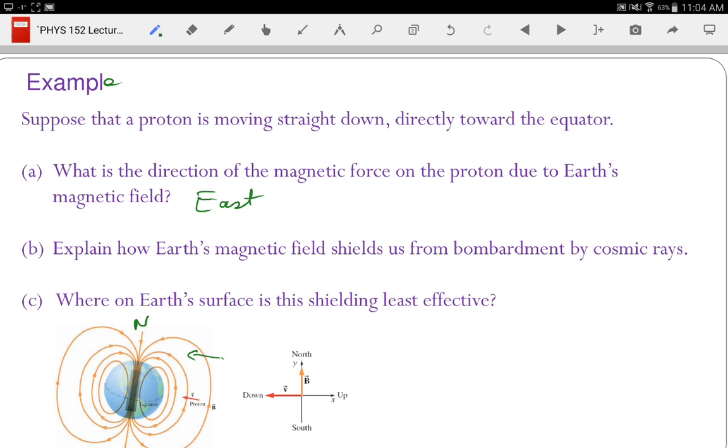And so it's going to spiral around the magnetic field lines. If the charged particles come not at the equator but closer to the north or south poles, they will spiral around the magnetic field lines and follow them in to the poles. That means you can have a lot of charged particles coming in at the poles, and that's what gives us our aurora borealis and aurora australis. They are directed to the poles because the charged particles follow those magnetic field lines, and the field lines come in toward the poles.